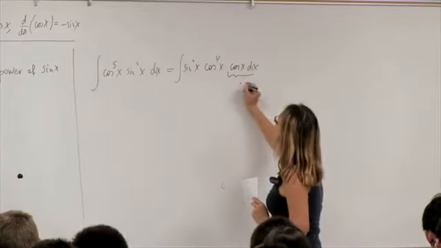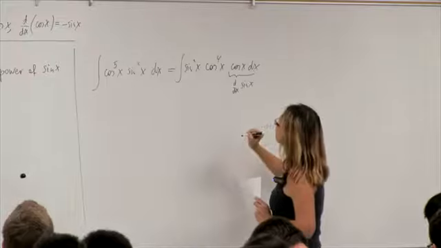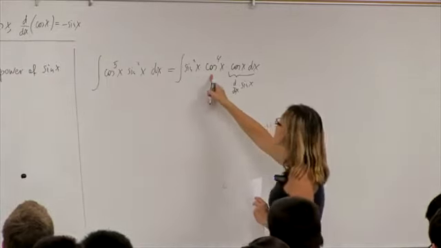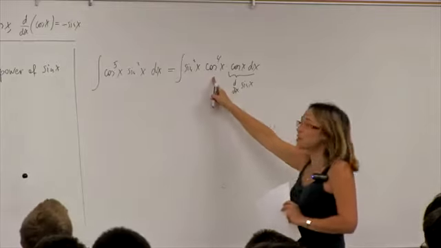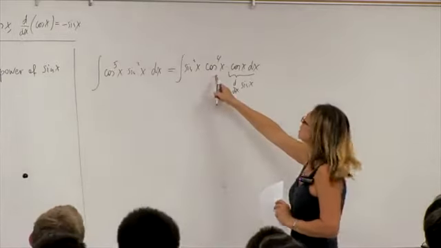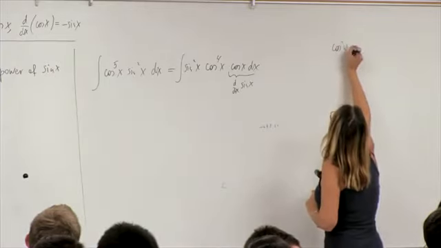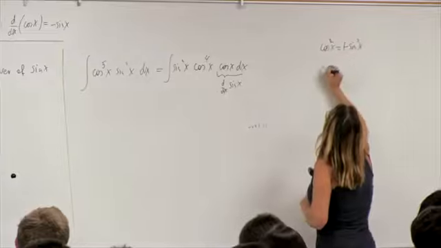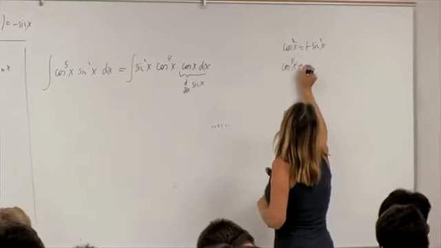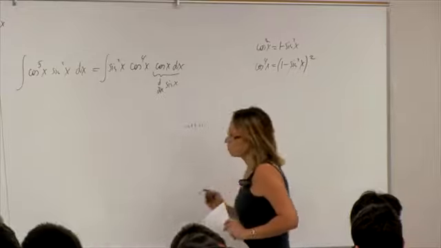First of all, I notice that this is d/dx of sine x, right? And sine squared x is already in terms of sine x. Cosine fourth I can express in terms of sine x in the following way. Cosine squared x is 1 minus sine squared x. Cosine fourth x is this thing squared.